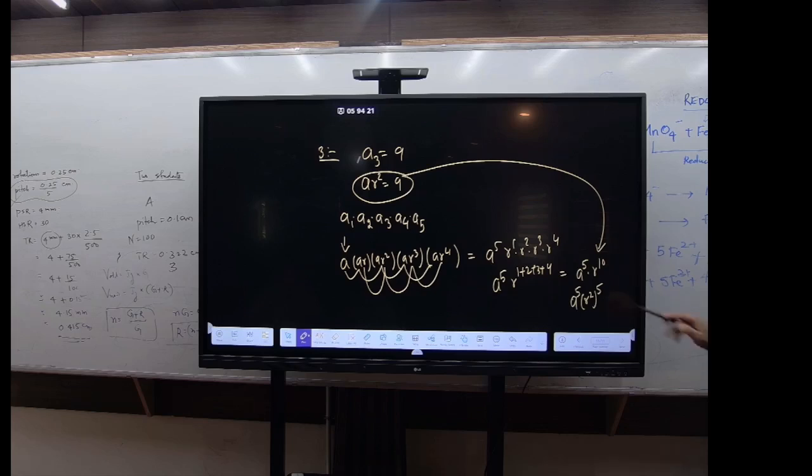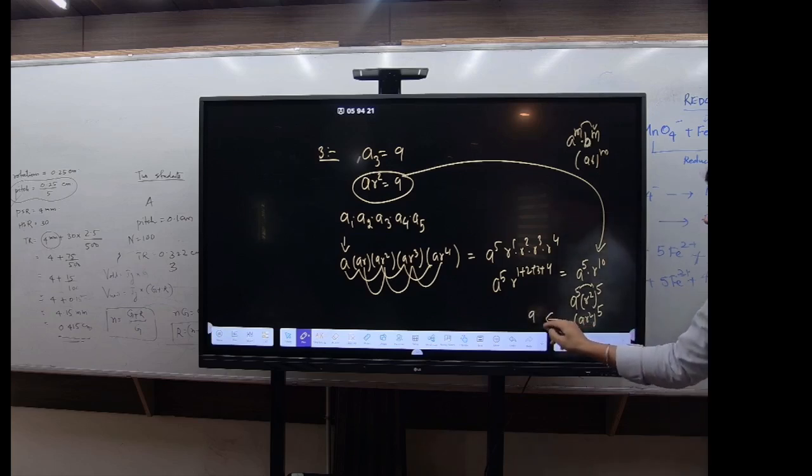Now, we know the indices property: A to the power M into B to the power M can be written as AB to the power M. If the power is the same, it can come out. So this can also be written as AR square to the power 5. And AR square is given as 9. So this value will be directly 9 to the power 5.